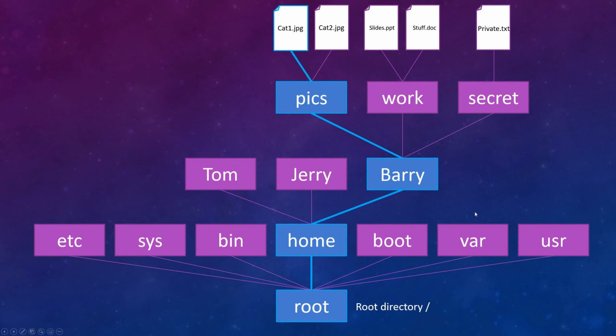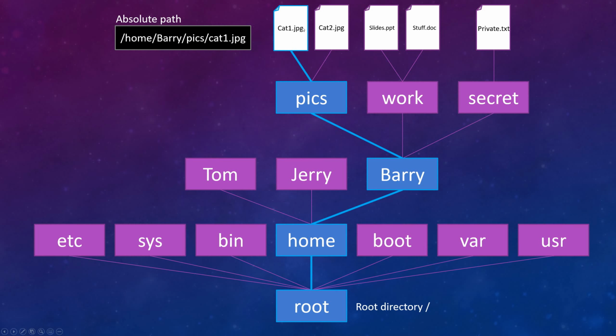Now what this means is for every single file and directory, everything in the computer, we can create an address for it, something that references it. And this is represented as the route you need to take to get from the root directory to the file or directory of interest.